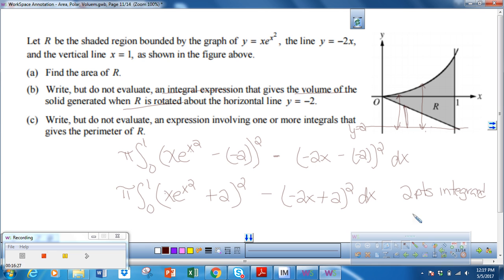And then you got 1 point for limits and constant. And when they say constant, they mean pi. So worth 3 points.